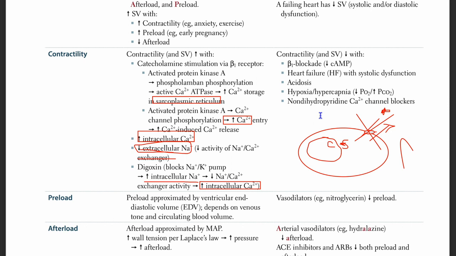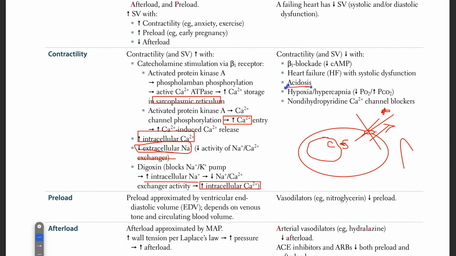If there's no ATP, there won't be any contraction, because in that whole complex of troponin, myosin, and all that, you need ATP for contraction to happen. And you need oxygen for that as well, because oxygen goes into the electron transport chain in the mitochondria, and mitochondria makes ATP. So when that's decreased, you won't have contraction, so that will decrease contractility, thus decreasing stroke volume.